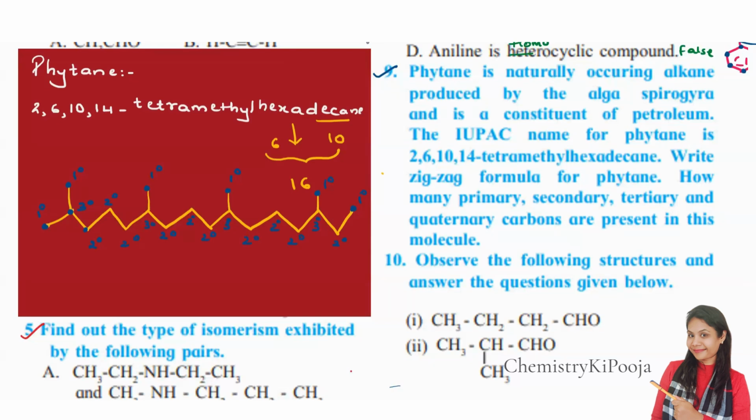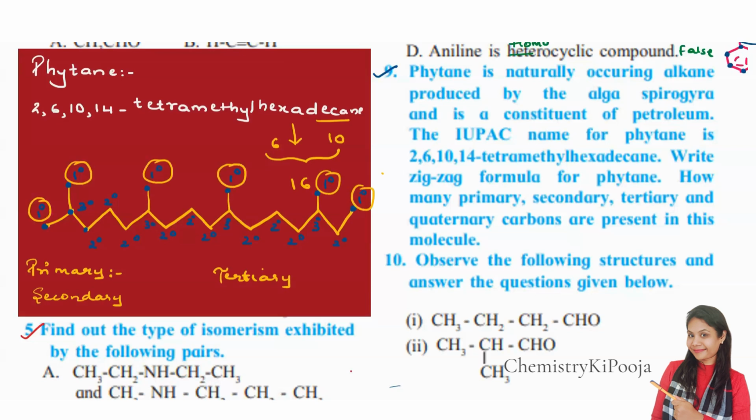So we only have 1 degree, 2 degree and 3 degree. Let us quickly write down how many primary, secondary and tertiary carbon atoms we have. Let us quickly count the number of primary carbon atoms. So we have here 1, 2, 3, 4, 5 and 6. So the total number of primary carbon atoms is 6.